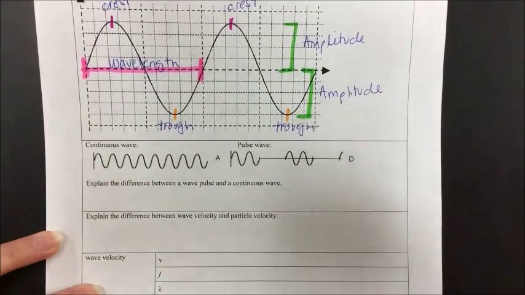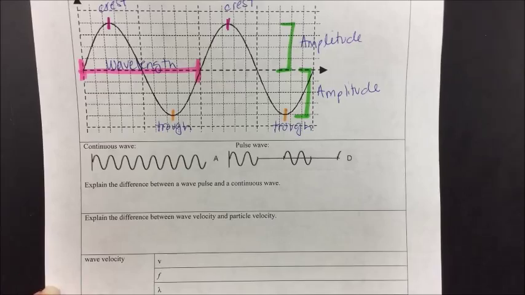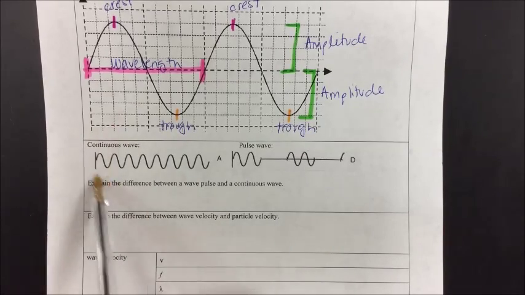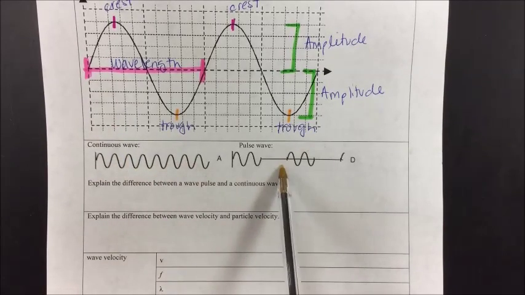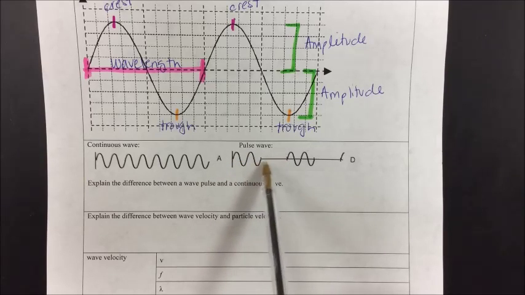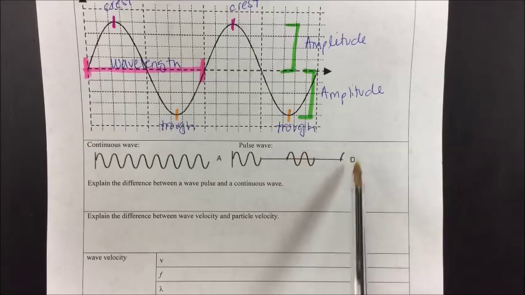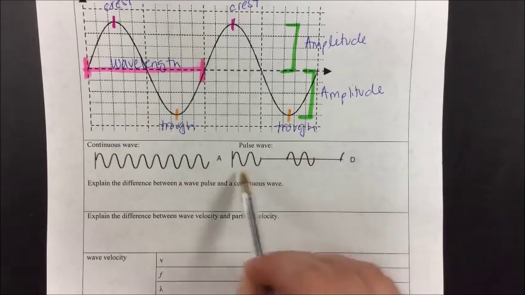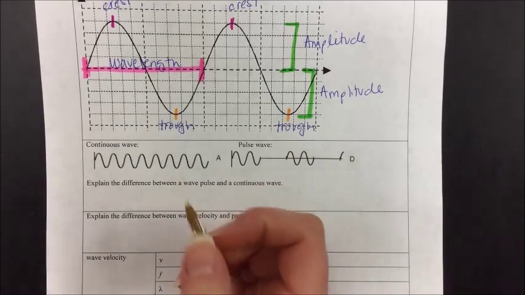So we have two different types of waves per se. We have a continuous wave, which is just one right after the other. And then we have pulse waves, which produces a wave or two waves, and then there's a rest, and then it produces more, and then a rest and produces more. So our two different types.